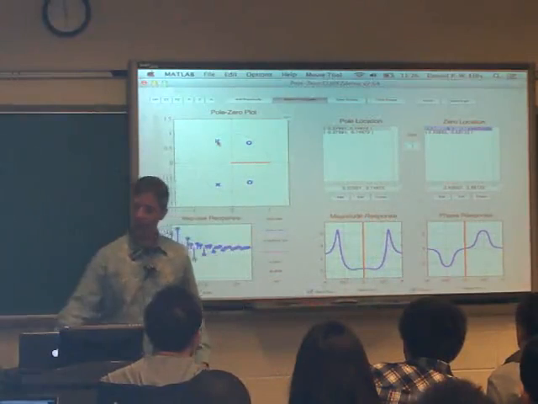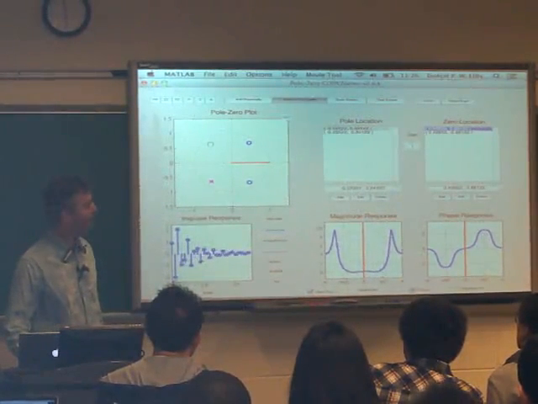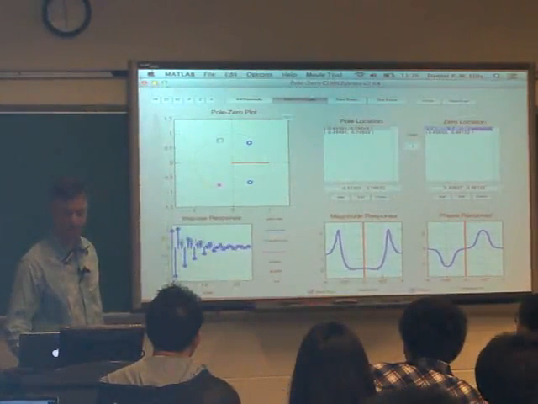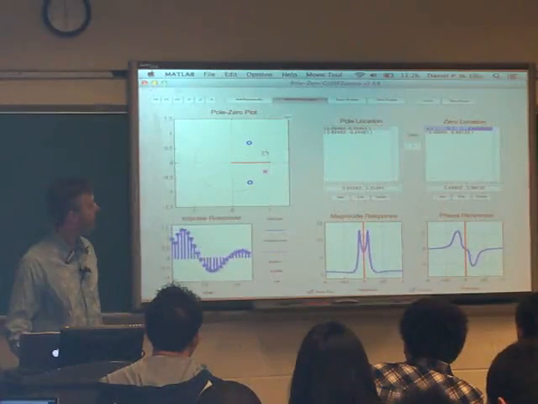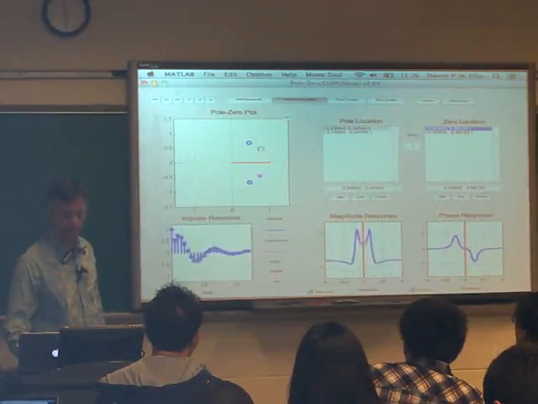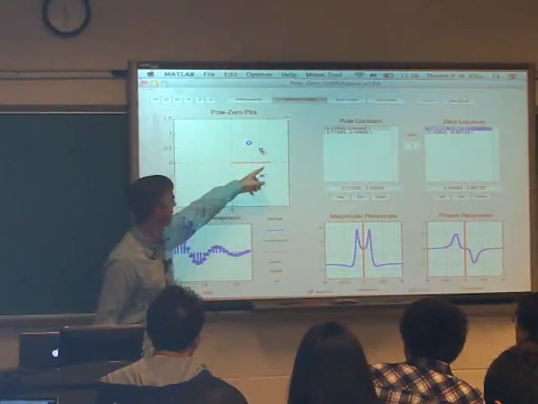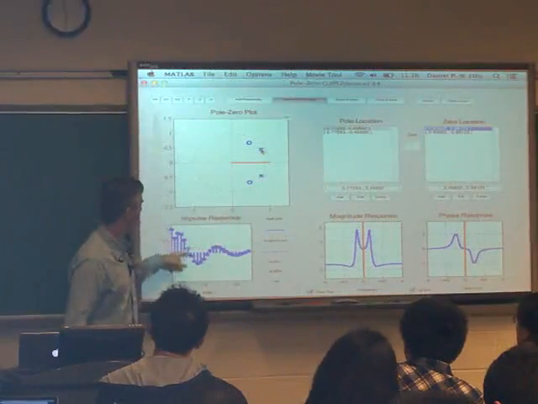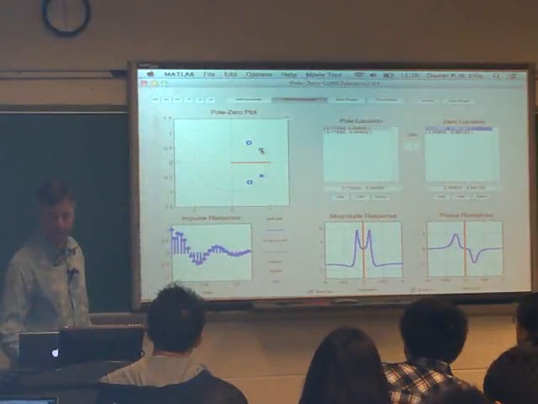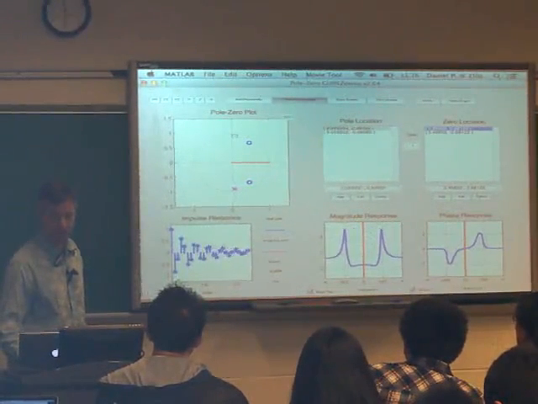As I move it closer to omega equals pi, then the peak gets higher in frequency. As I move it down, the peak gets lower in frequency. And you can see here, for this pole relatively close to omega 0, we have this nice slow oscillation. As we move it up, the oscillation becomes faster.